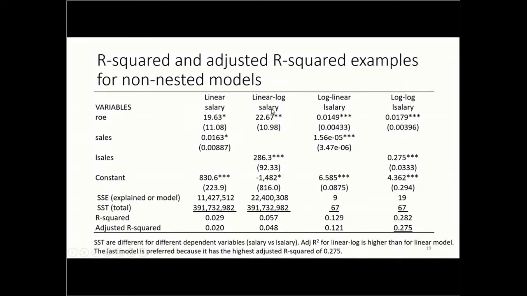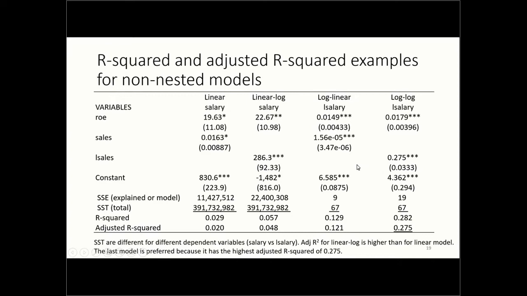These are the salaries of the CEOs, and here log salaries are the dependent variables. We have return on equities, one of our independent variables across all of the models. And then we have sales of the company, either measured as levels or as log sales in the other two models. So here we have all combinations of linear, linear log, log linear, or log log models, depending on whether the dependent variable is logged or not and the independent variables are logged or not.